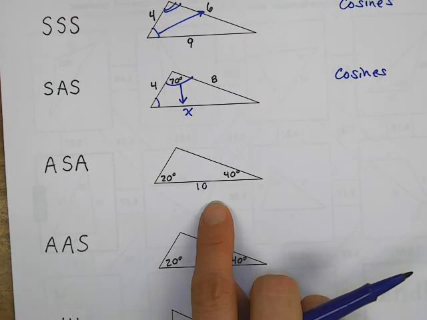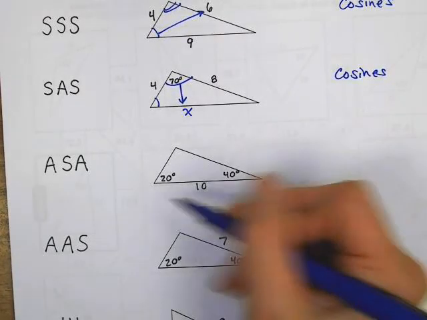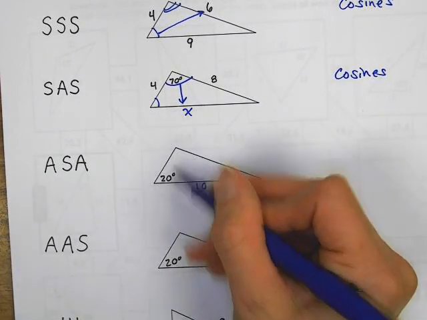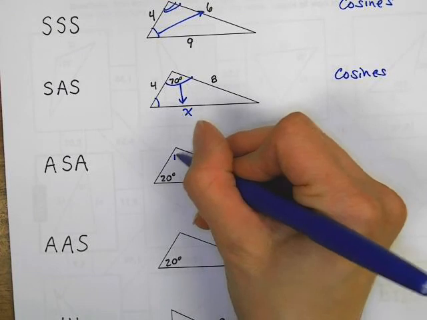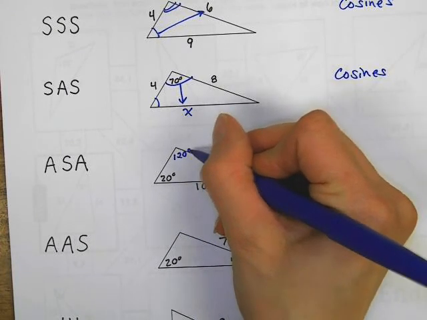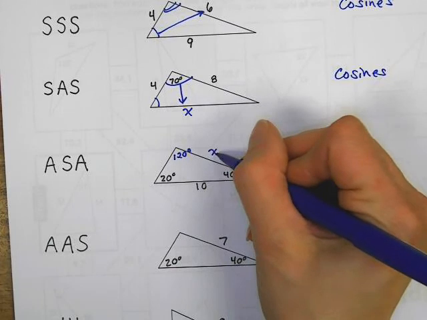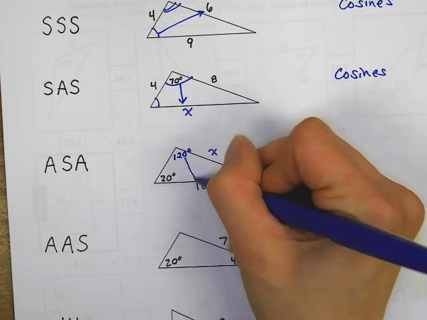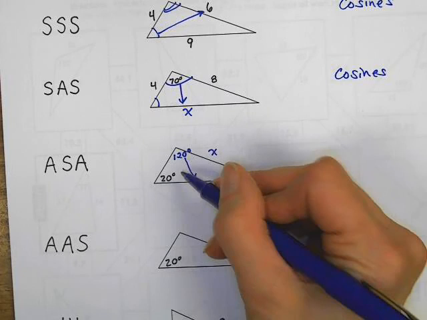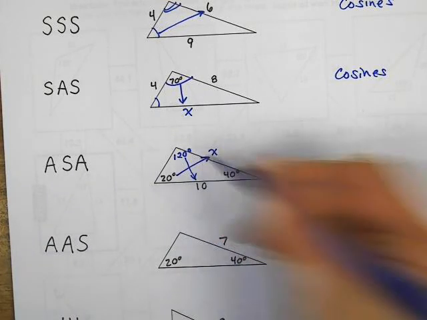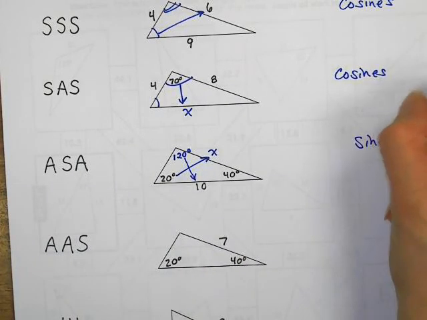Can I do law of sines here? Oh, you know what? If we know two angles, we automatically know the third. This one's 120 degrees. So could I solve for x here? Let's say I'm trying to find this side. Sine of 120 over 10, sine of 20 degrees. Yes, this is a good time to do law of sines.